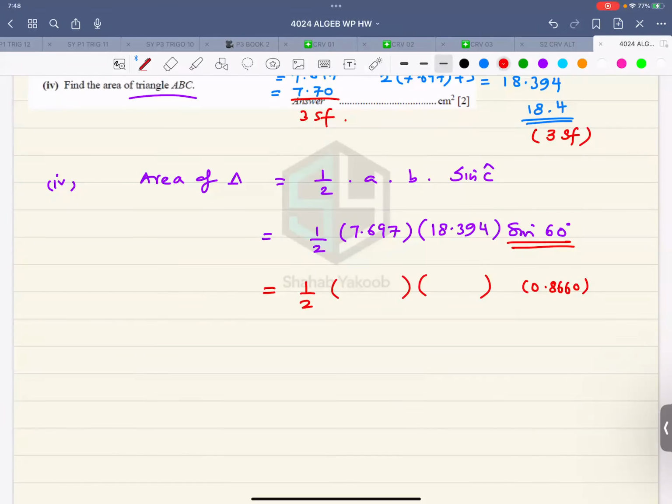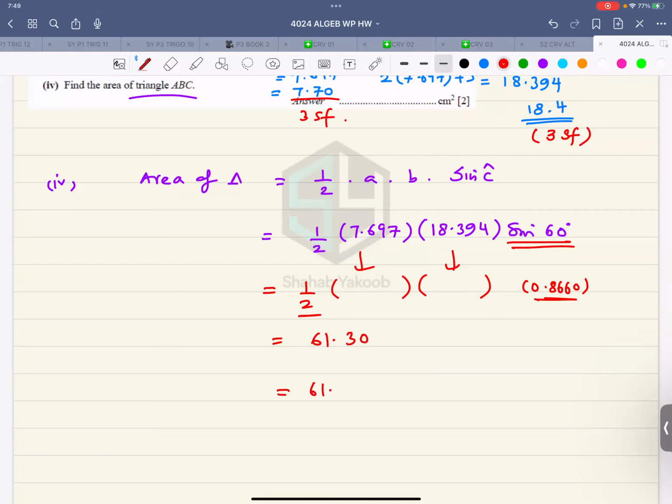Let me multiply these two values and then multiply with these two. So therefore, 18.394 into 0.5 into 0.8660 into 7.697. This is coming out to be 61.30.